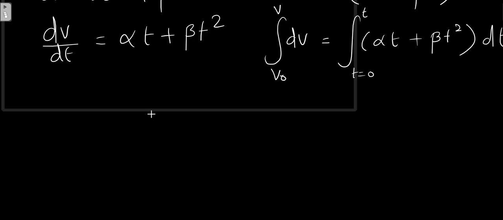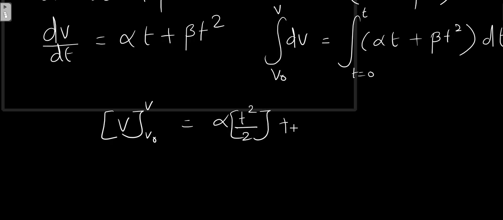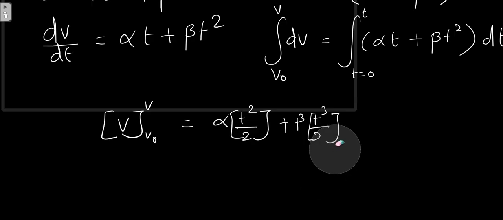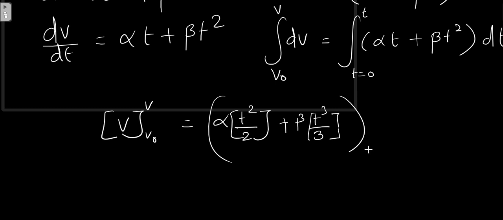So on integration, dv equals v, upper limit minus lower limit, v here v0, then alpha t squared by 2, then beta t cube by 3, close bracket, and this is the whole bracket. What is that? t equal to 0 to t, upper limit minus lower limit.